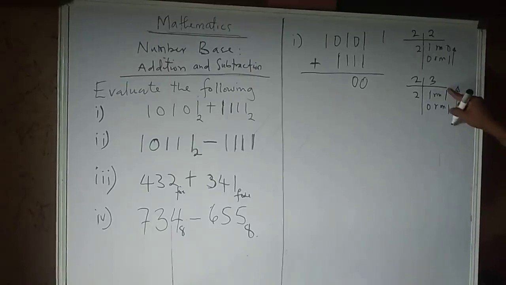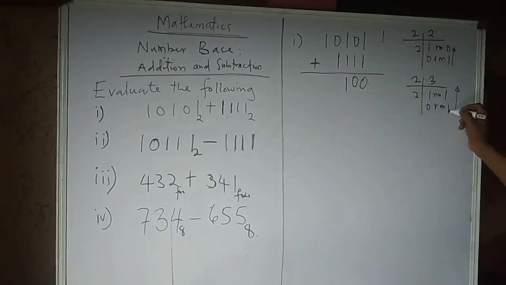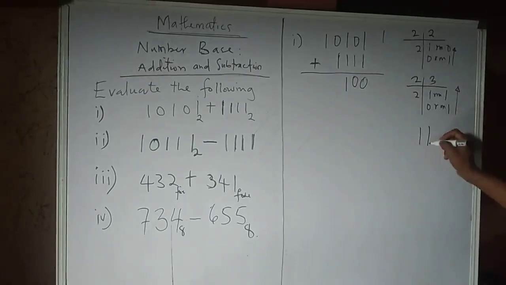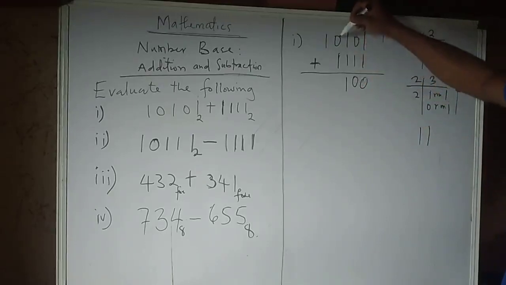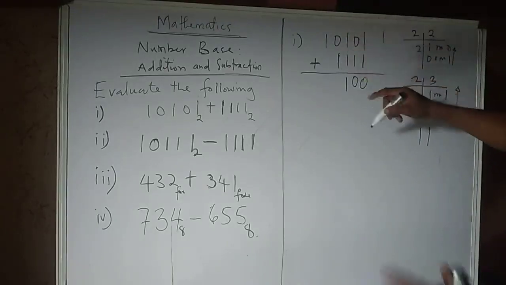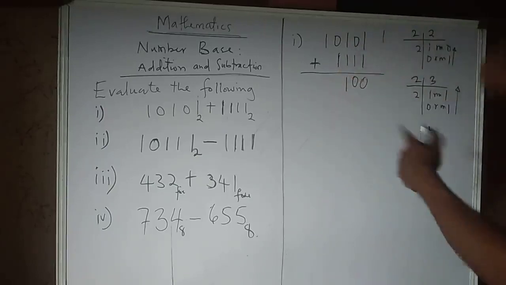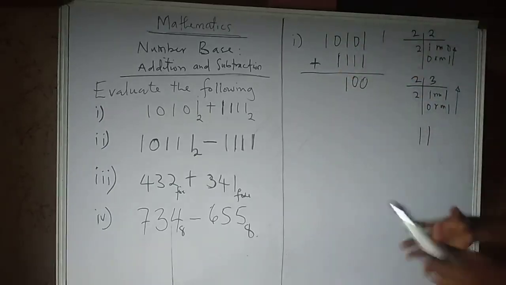So I'm going to write 1, and I'll carry 1. That 1 plus this 0 is 1. 1 plus 1 is 2, because what I just did was adding in base 10.